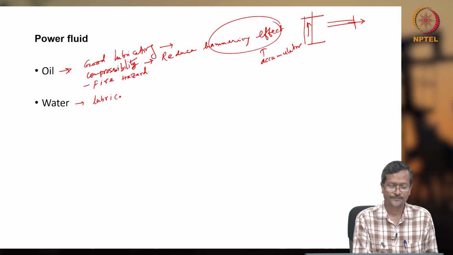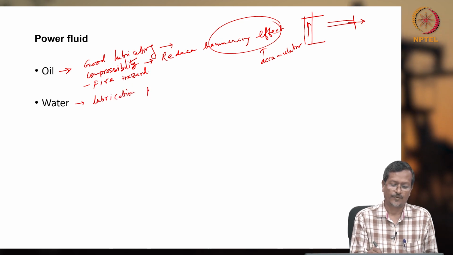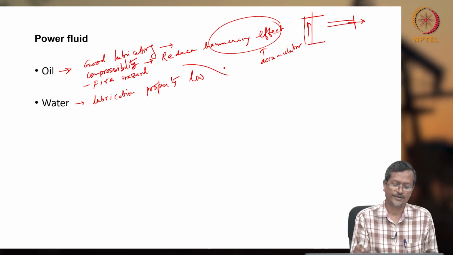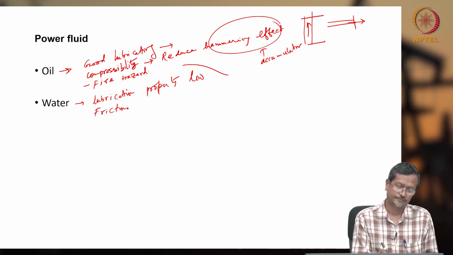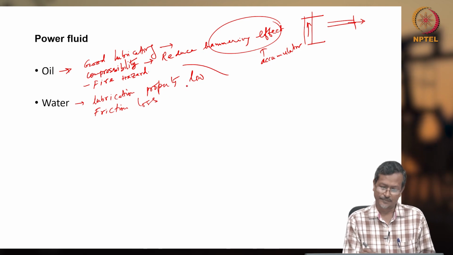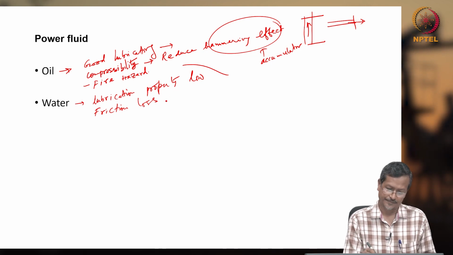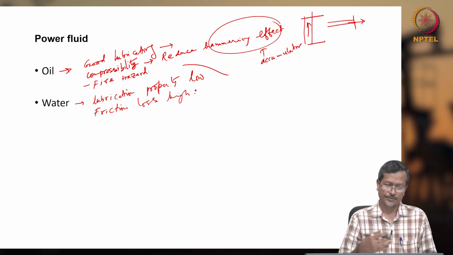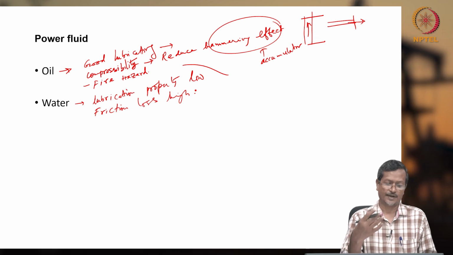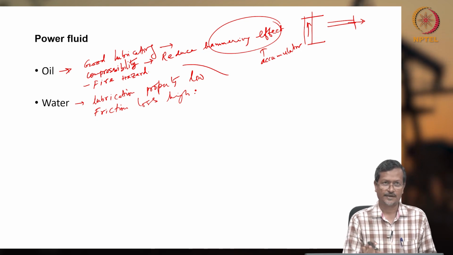Lubrication property is low, lower than oil definitely. Friction loss is high here. So that's why people look at which is better for a certain application, and based on that they select the power fluid.